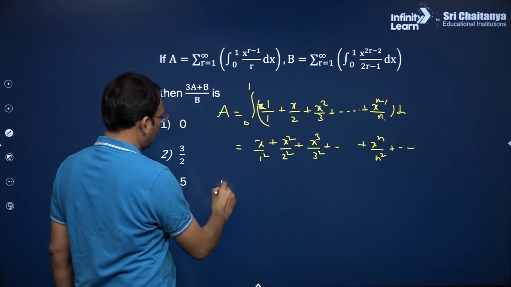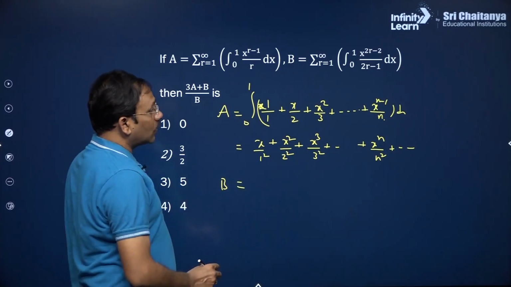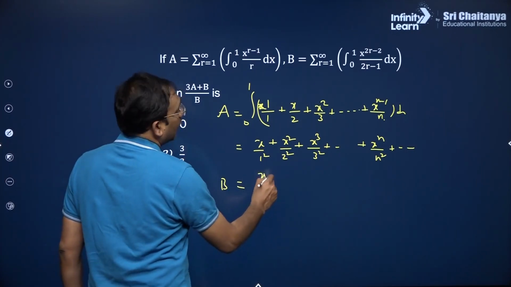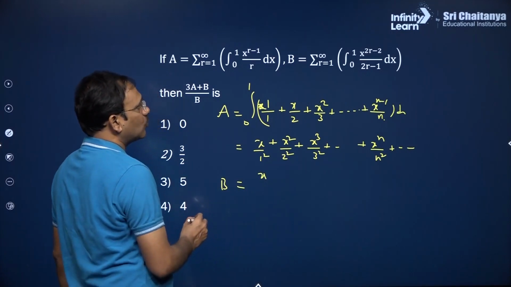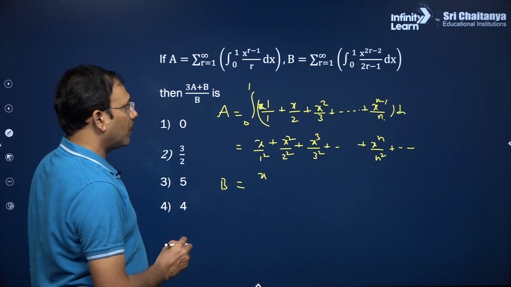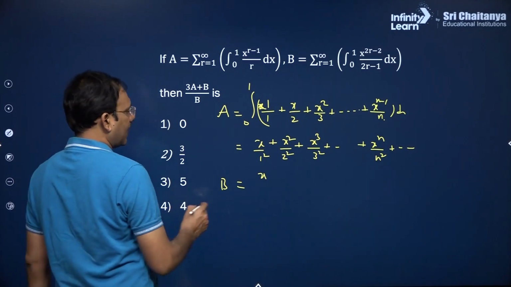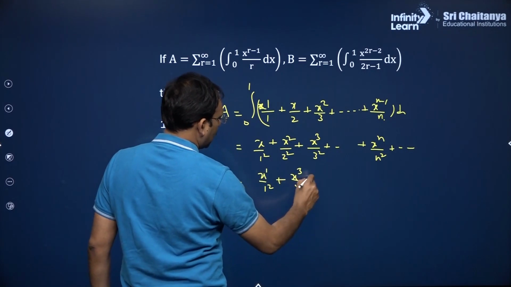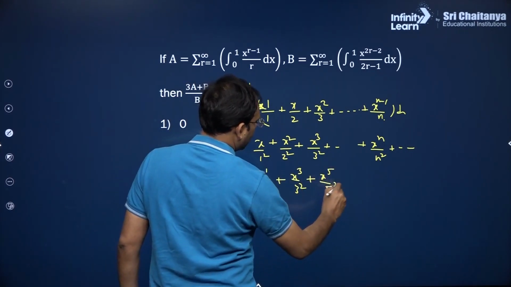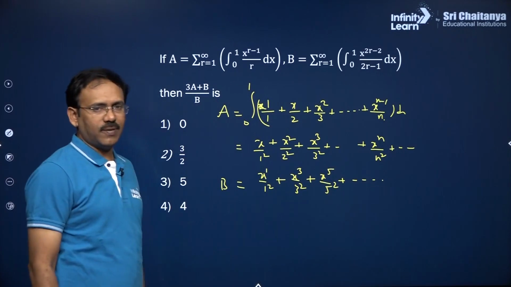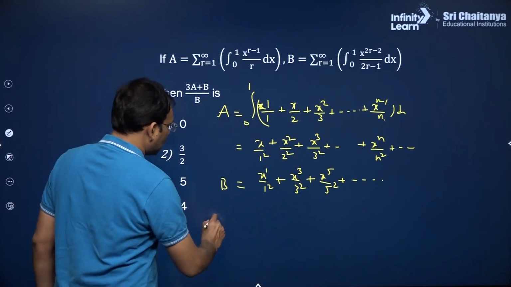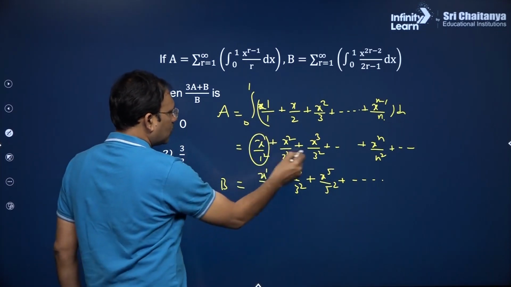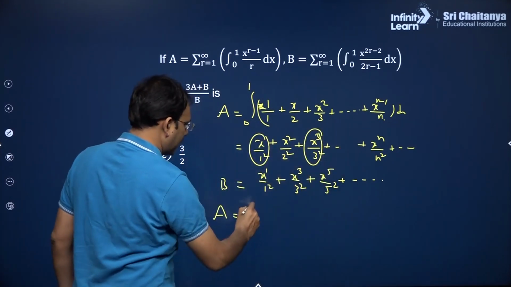In the same way, if you do, my dear friends, here you are going to get x power 2r minus 1, means x power 1 by 1 square plus x cube by 3 square plus x power 5 by 5 square and so on. This part you are going to get, my dear friends. Now what you can do is, you see, he is going to get only odd suffixes related one.